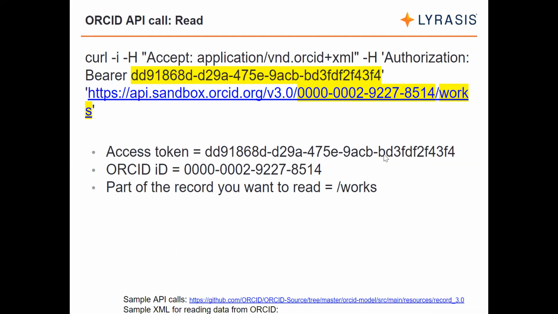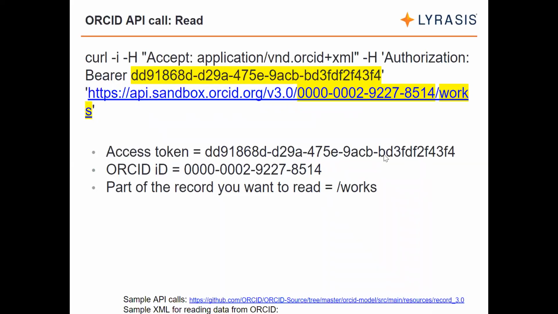The call would also include the person's ORCID ID, which you can see towards the end of that URL. And then you would append the part of the ORCID record that you want to retrieve. So in this case, you're seeing works actually there at the end.